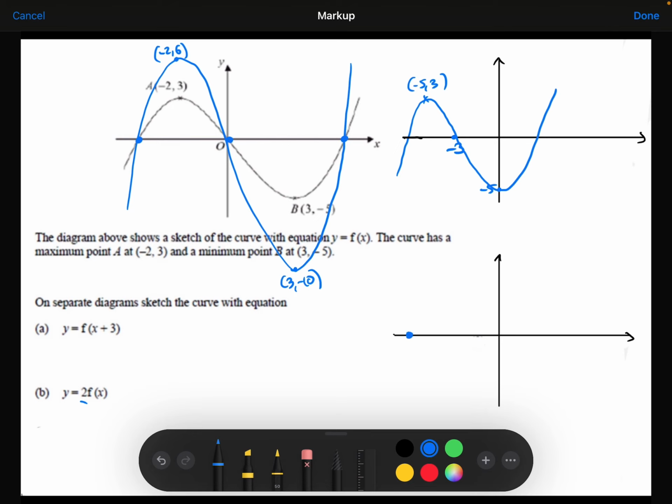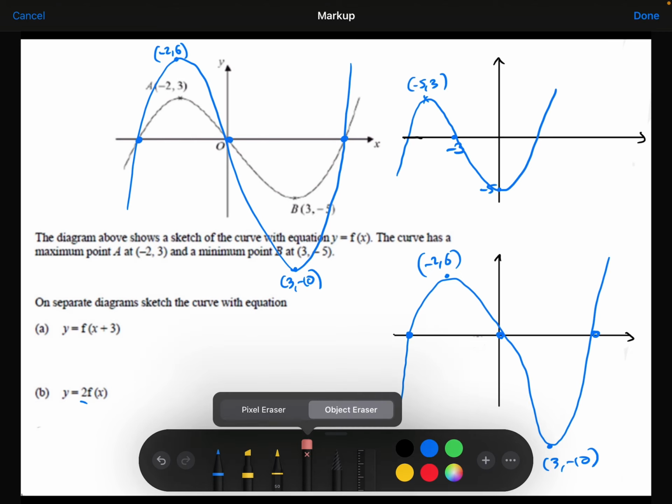So going through 0 here, here and here. We've got the point A, which is minus 2, 6, and we've got the point B, which is 3, minus 10. Other than that being a bit wonky, that's it.